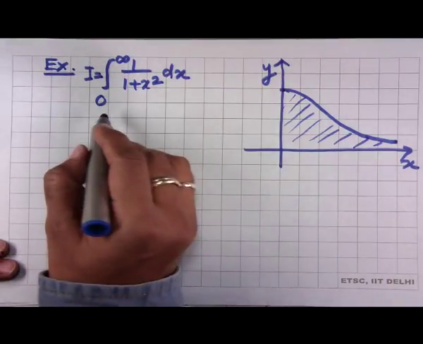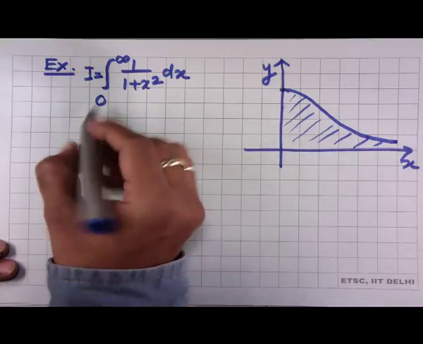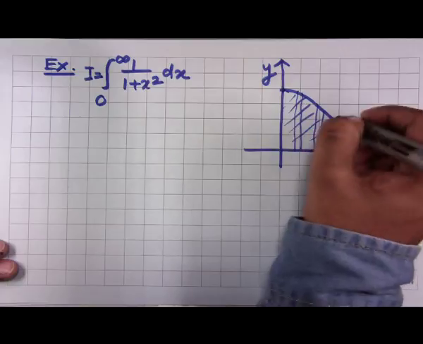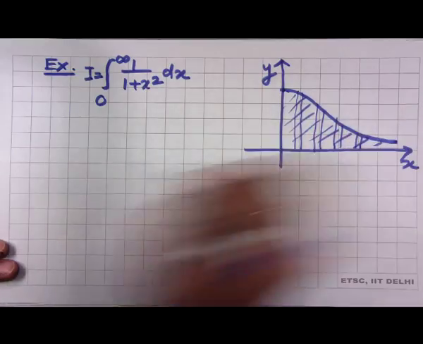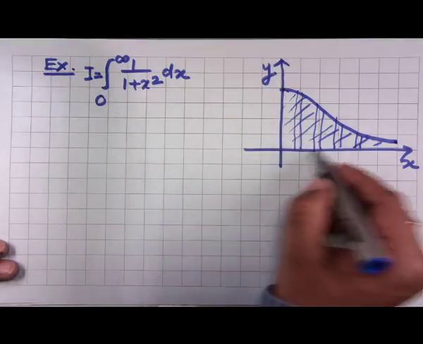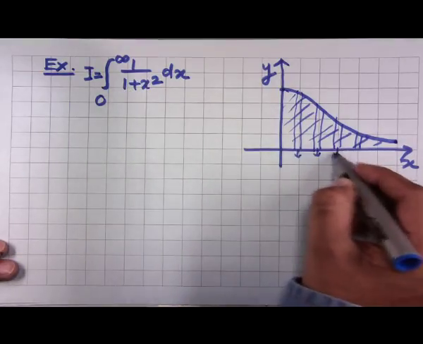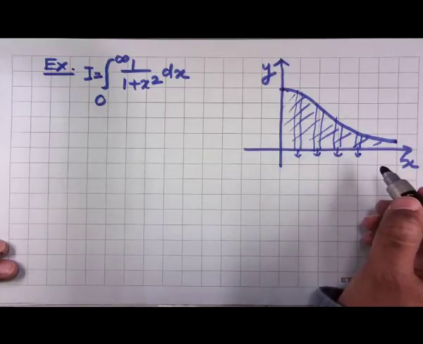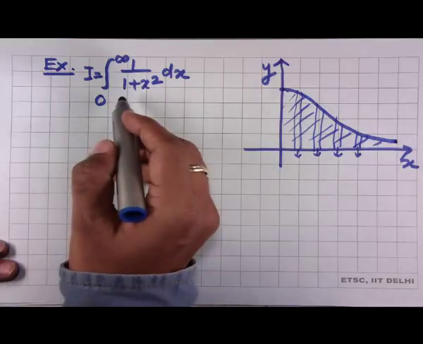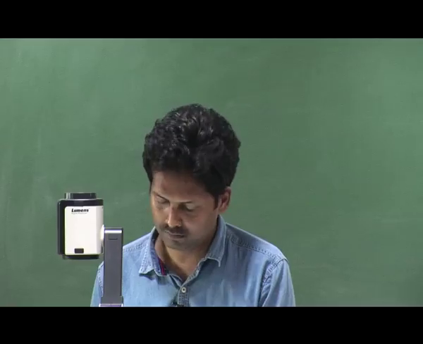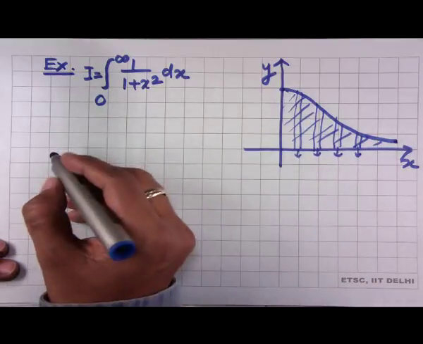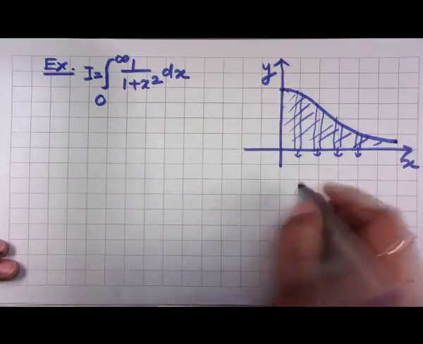If you see, you cannot apply the limit of finite sums, because you have to add infinitely many areas of elementary rectangles, and the theory that has been developed so far is for a finite interval.